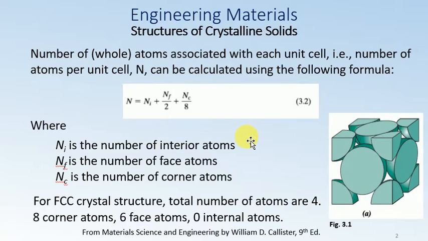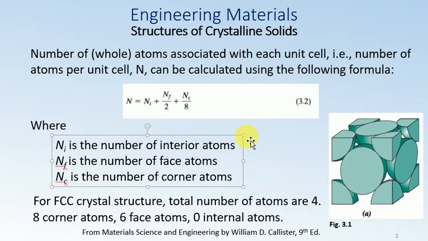How many total atoms are actually associated with each unit cell of a particular crystalline structure? This depends upon an atom's location, whether it is shared or wholly attached with one particular unit cell.